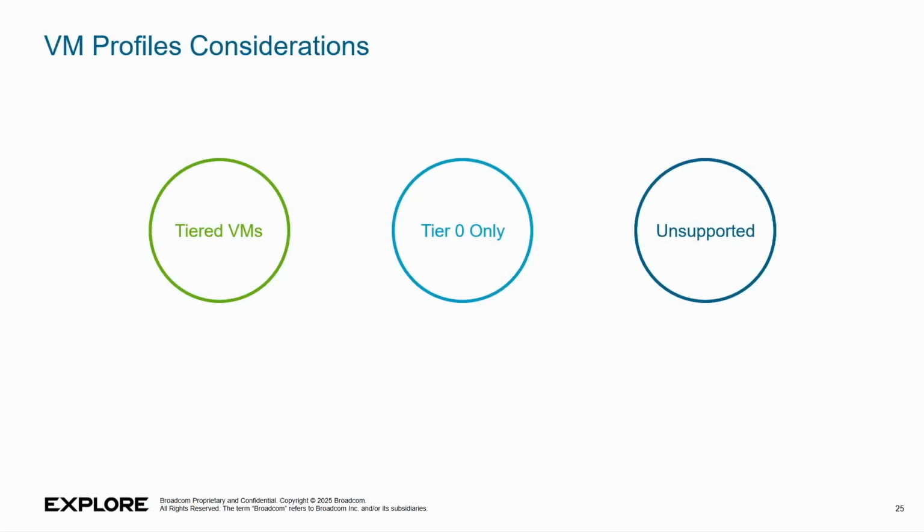All right, so here are the VM profiles. Most workloads will fit into what we'll call tier VMs, which are VMs that can leverage memory tiering. But there are some other ones that we don't recommend. Large pages, we talked about that. PCI pass-through VMs should only run on DRAM. Quick Assist Technology VMs, and memory reservations. Usually VMs that have vGPUs also have 100% reservation, so they will fall into this as well.